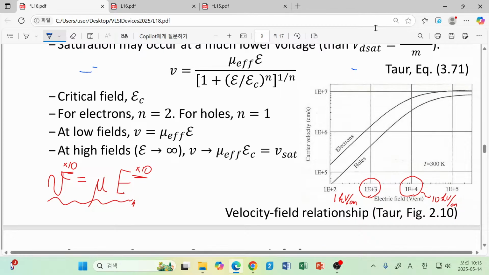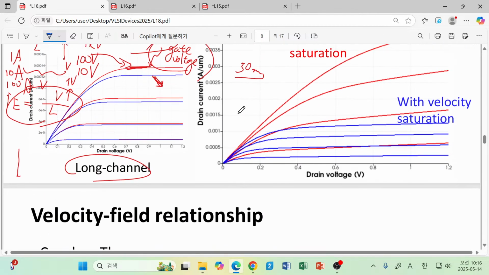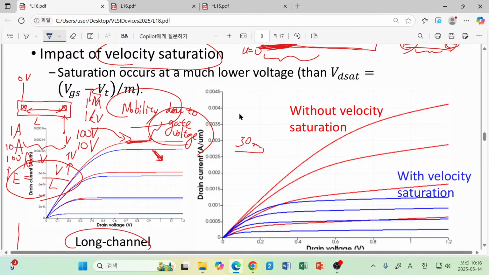Now let's come back. Now we have these two curves. This blue curve is obtained by considering the velocity saturation effect. In the case of our long channel device, even though we have considered velocity saturation, yes, current is reduced a little bit, but as you can see, it's not that drastic.